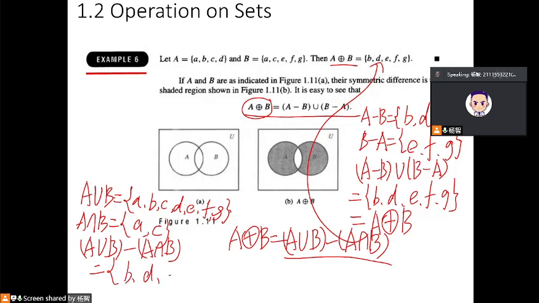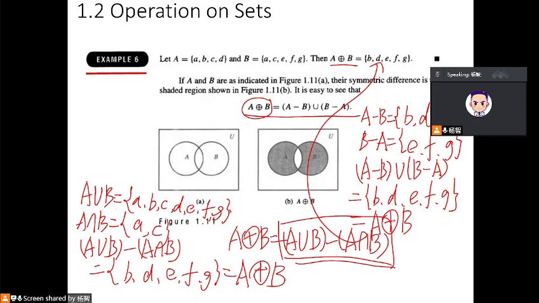B, D, E, F, G is also equal to the symmetric difference of A and B. So we have clarified the third expression of the symmetric difference of A and B: the union of A and B minus the intersection of A and B. And you can also see it from the Venn diagram.